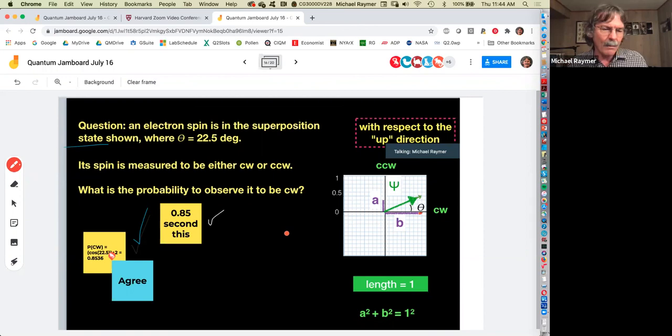This is a purely mathematical exercise using vectors and projections and squaring the number, and the formula that's given in the yellow box here is correct. It's still cosine of 22.5 quantity squared.